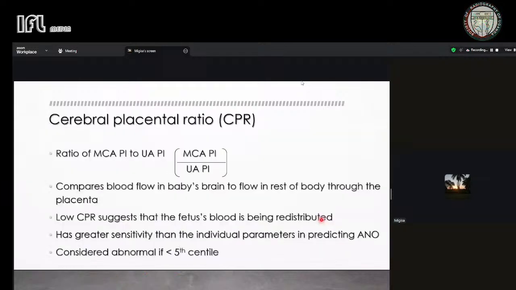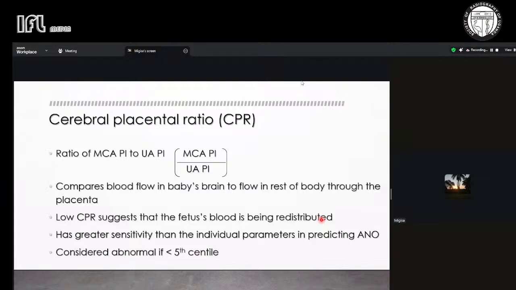Then we have what we call the cerebroplacental ratio. This one is the ratio of middle cerebral artery PI to umbilical artery PI. It compares blood flow to the fetal brain versus to the rest of the body through the placenta. Usually a normal CPR, or cerebroplacental ratio, indicates the fetus is healthy and the placenta is functioning properly.